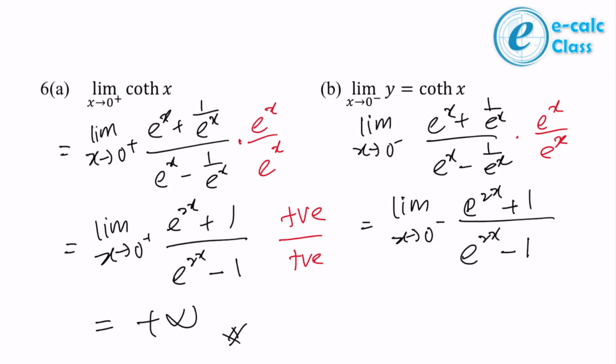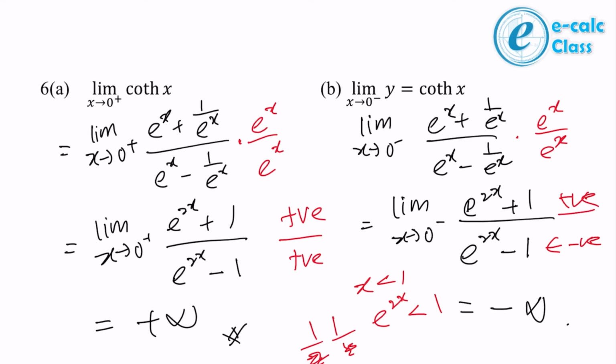Whenever x is approaching from the left, it is negative 0.00001, smaller than 0, so you raise e to a negative power. e to the negative power is smaller than 1, it is 1 over something. So the bottom will be negative and the top will be positive. Positive over negative, it is a negative infinity, finish.